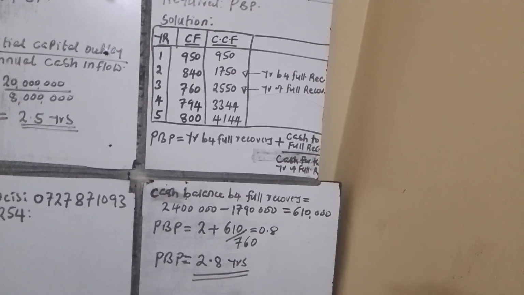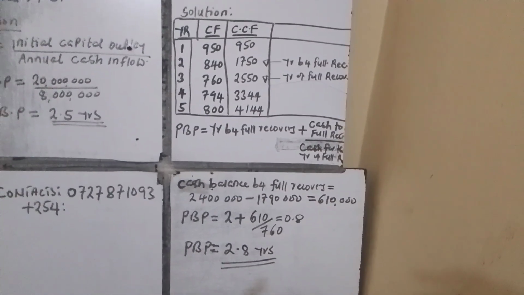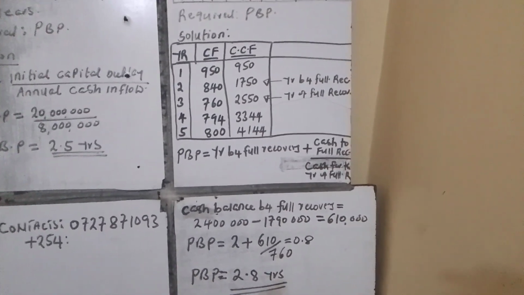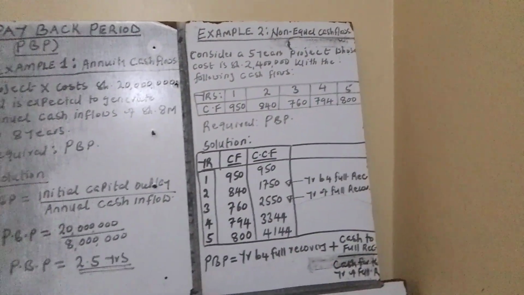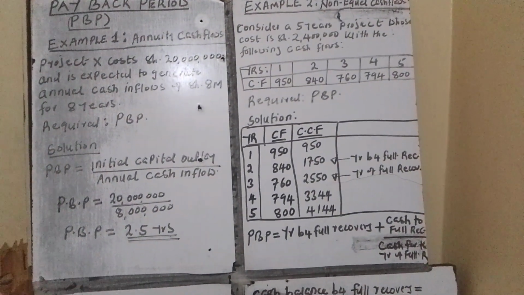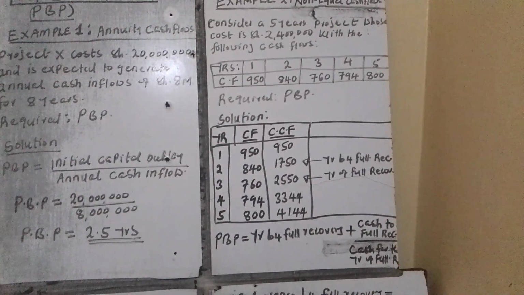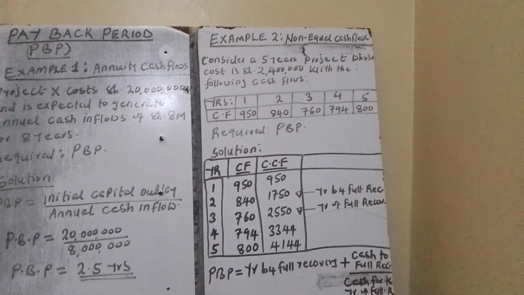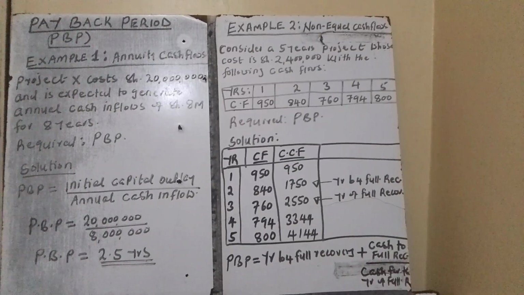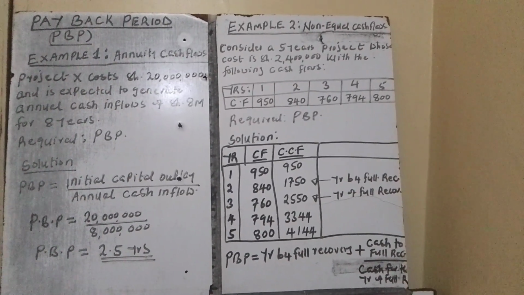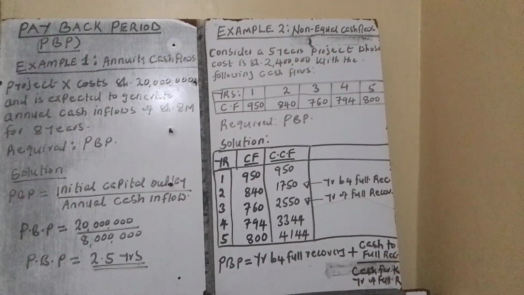The payback period is 2.8 years. So basically that is how we calculate the payback period. You have said that payback period is the time taken by a project to generate cash flows equal to the initial capital outlay. There are two situations.